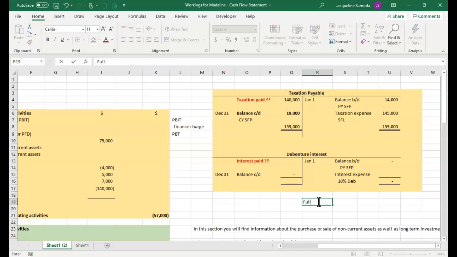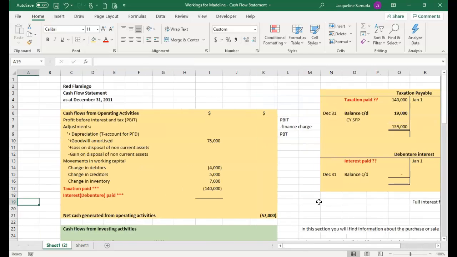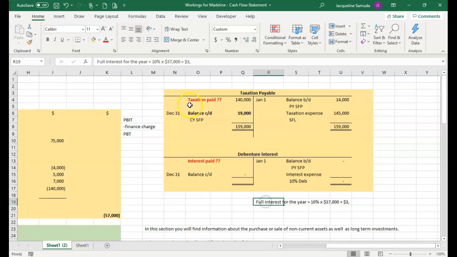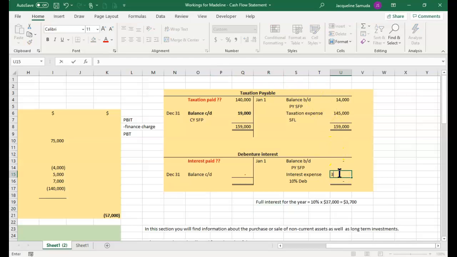So the full interest for the year is 10% of $37,000, which is $3,700. So that is what we're going to pick up in the T account as a true expense. Good. So the interest expense is $3,700.